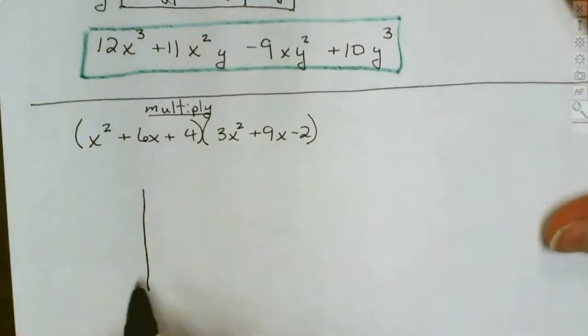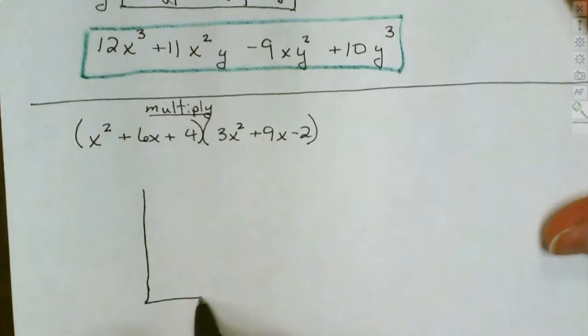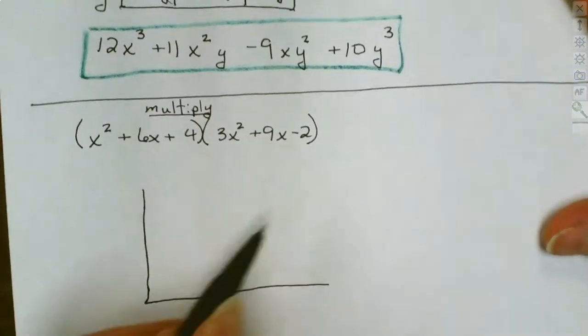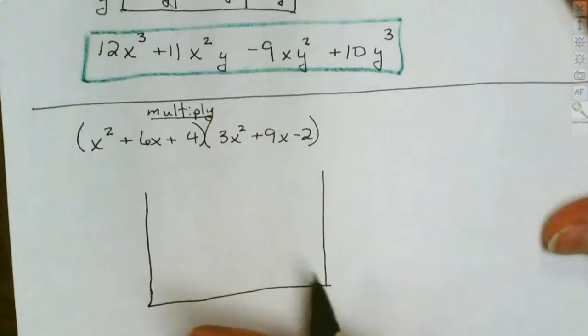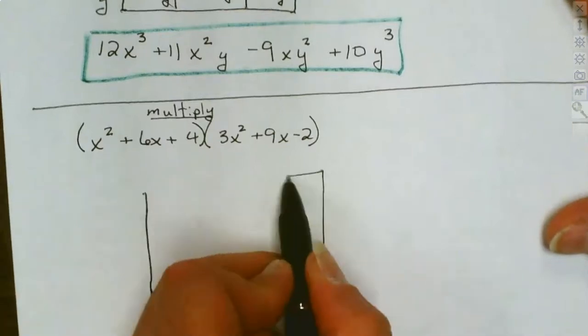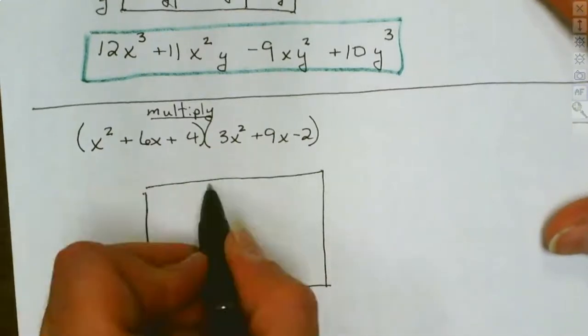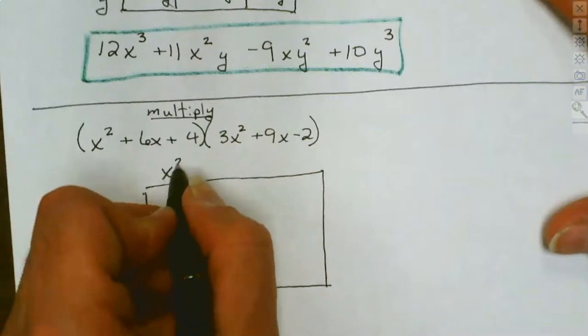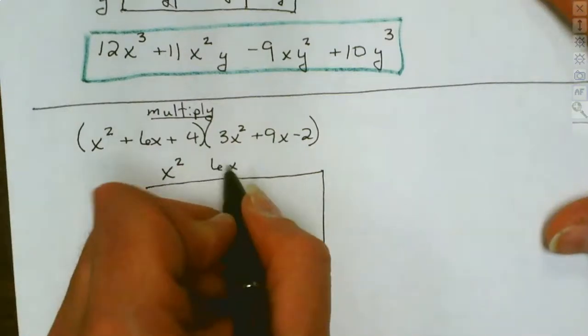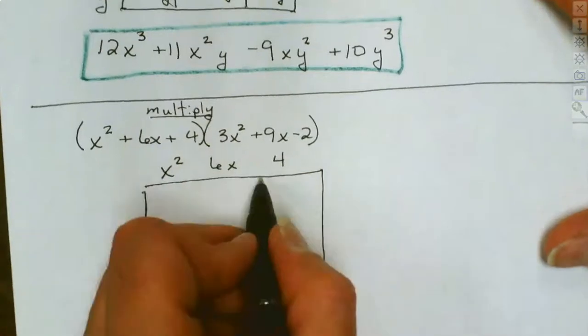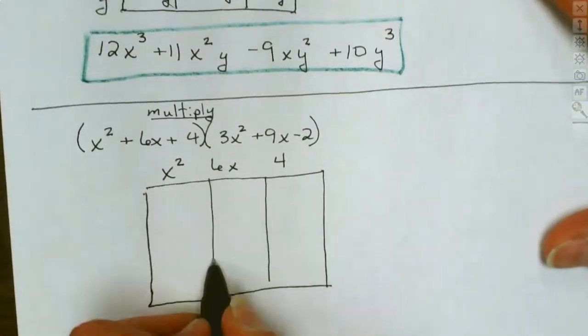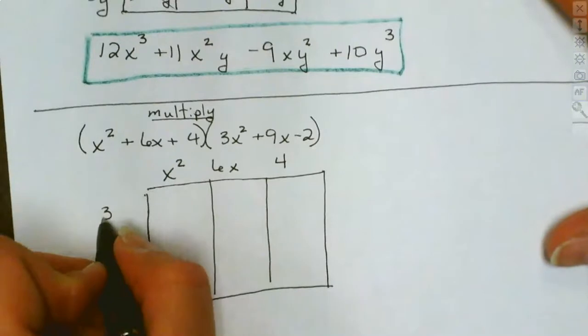So now we need a square. Leave yourself plenty of room here. And one goes across the top, one goes down the side. It doesn't matter which one goes where. So I'll just write the first one across the top, and then the second one down the side.